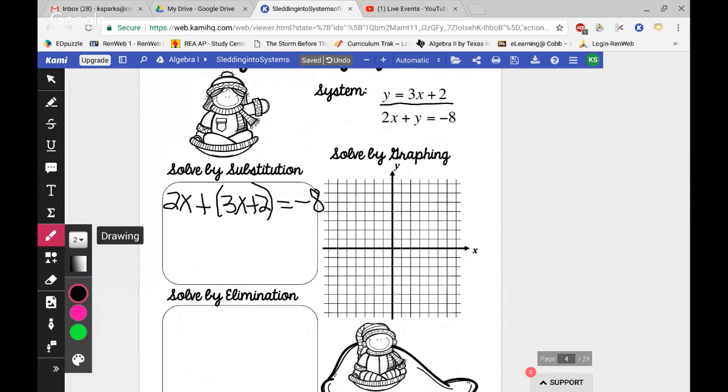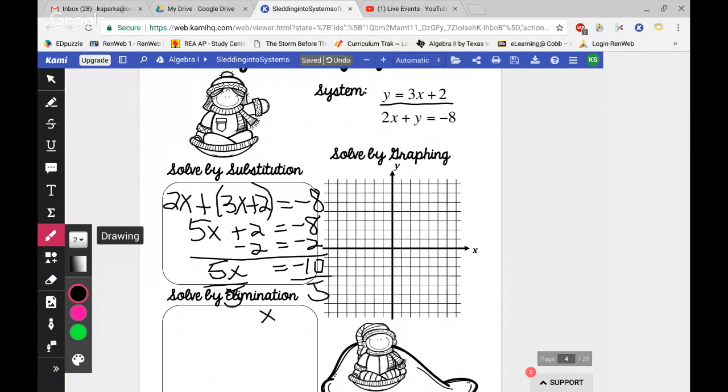There's a 2x and a 3x, and when I put those together, that's 5x plus 2 equals -8. I need to subtract 2 from both sides, and then you would get a -10. Yes, ma'am. And then I'm going to divide both sides by 5, and that's going to give me x equals -2.